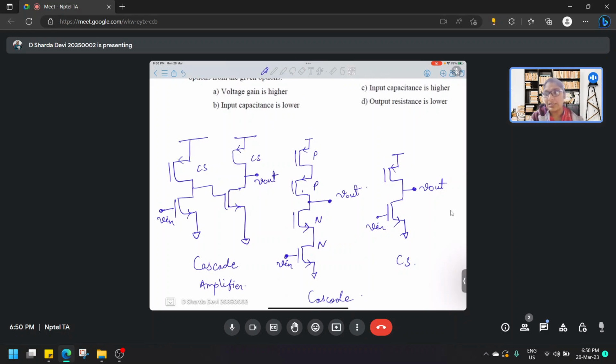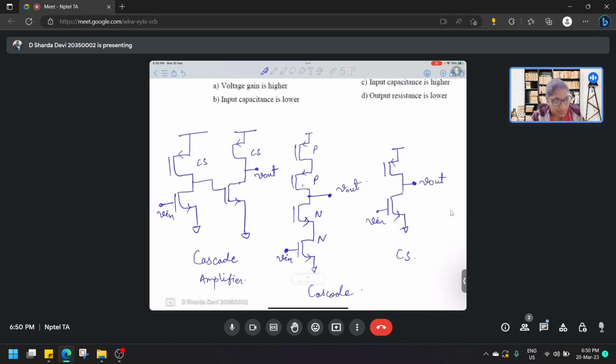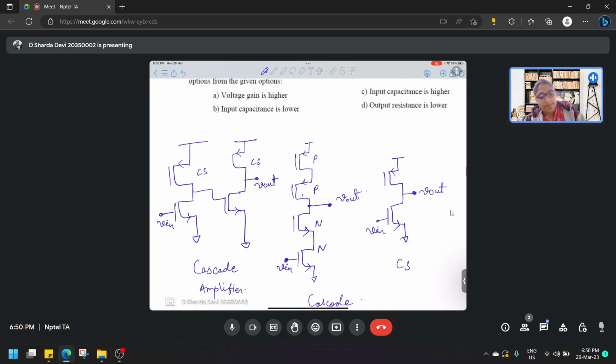And with Miller capacitance, what is the disadvantage? The input capacitance increases because it is multiplied by the gain. So in the case of cascade, the input capacitance actually reduces, because we don't see the Miller capacitance, which is a significant capacitance and can be simply avoided using cascade.